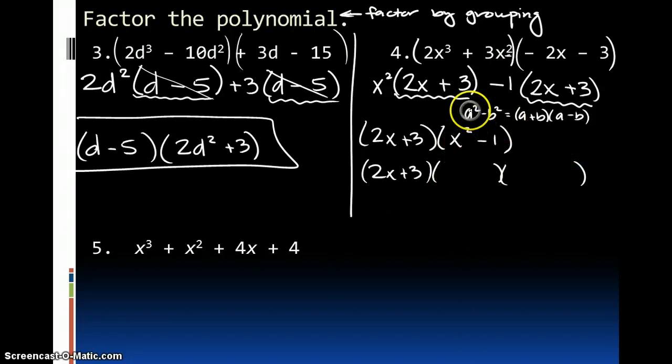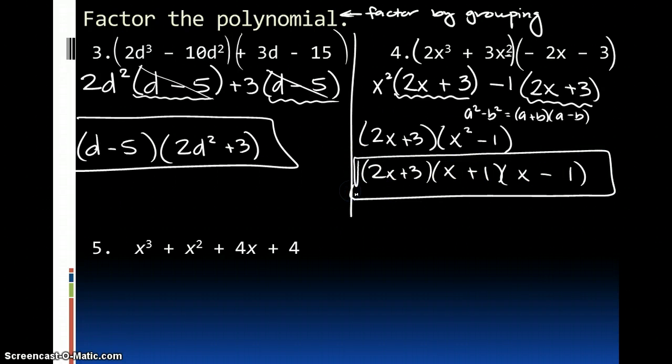So just the same way I had to break down this a squared as a and a, this x squared will be x and x. This b squared, well, what squared gives me 1? 1. 1 is plus and 1 is minus. Sometimes I like to throw in the 1 in there because people seem to think that it doesn't really exist. It doesn't really count, but it does.